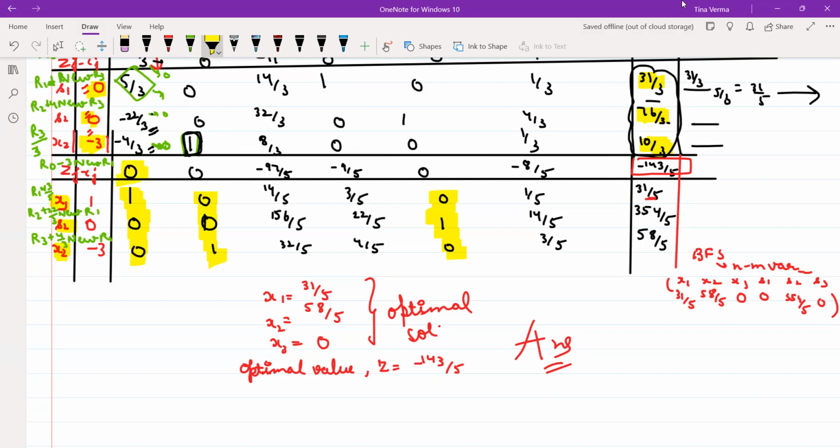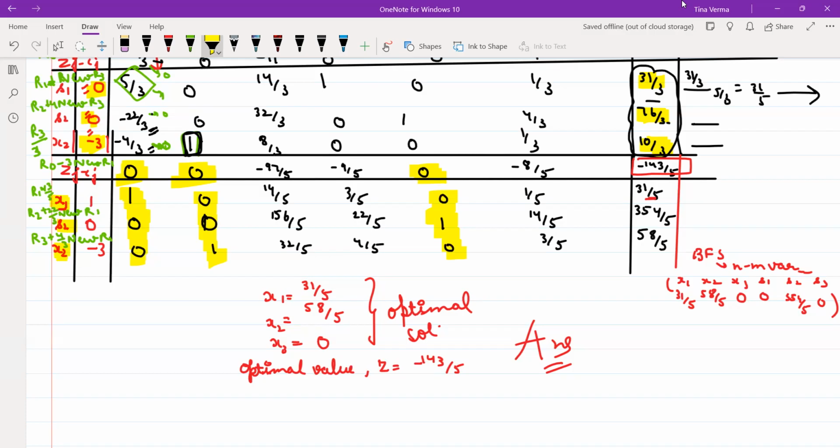Corresponding to x1, 0 is coming, corresponding to x2, 0 is coming, and corresponding to x2, your 0 is coming. Is it clear? So if I give you any optimal table and ask what the entries for the basic variables will be, then you can just say without doing any calculation that these are my entries. Is it clear?